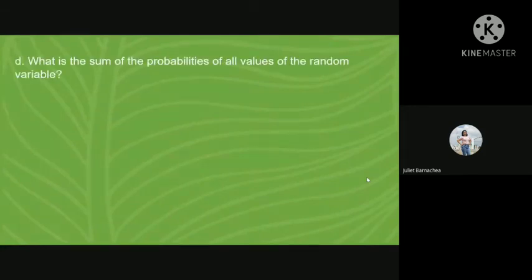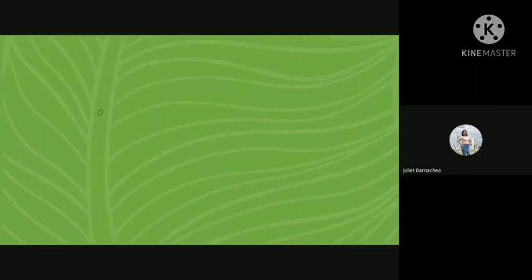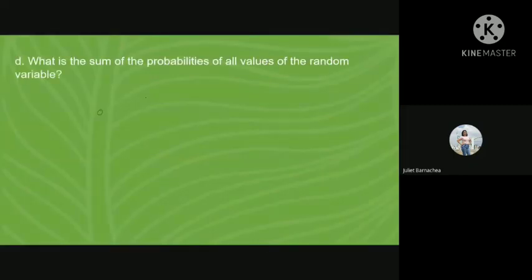Then letter D, what is the sum of the probabilities of all values of the random variable? Ano daw yung sum? Going back to our probabilities kanina, ayan, ito yung mga probabilities.